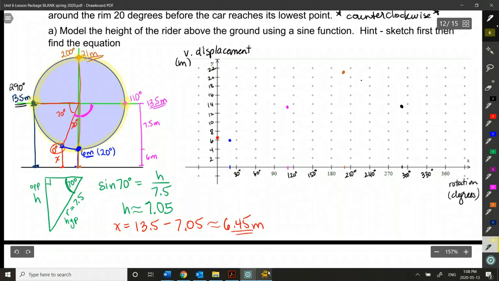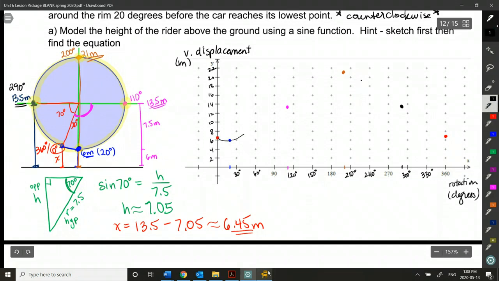And then rotate back to your original starting position. This is now another 70 degrees. And we're back to our initial spot here. So that's actually a full rotation of 360. And we're back at our starting height of 6.45 meters. So you're going to plot that just above the 6 meter mark here. And that should give us a full rotation.